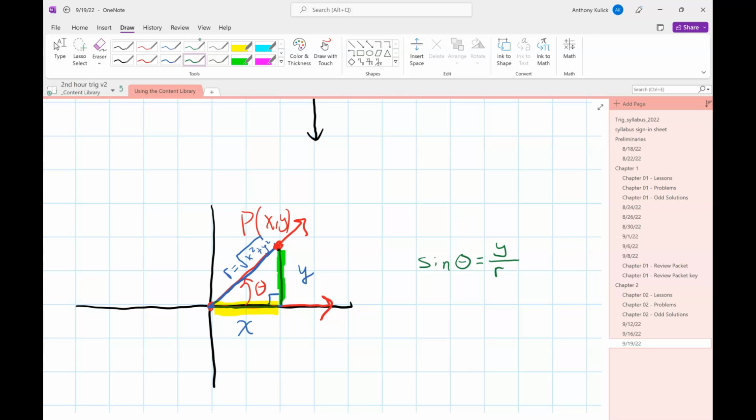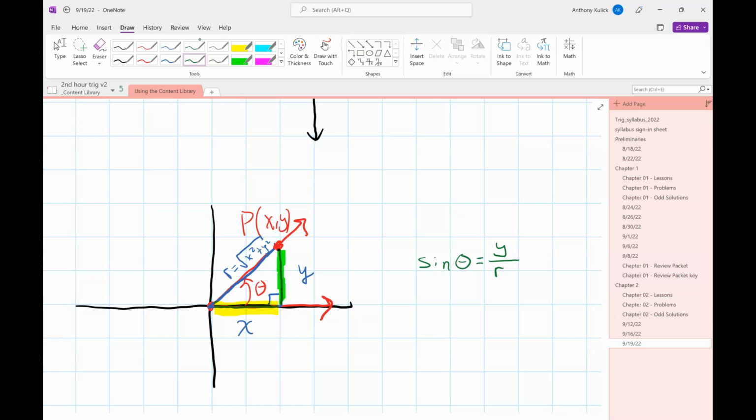Let's pause here and look at what we've really done, because this is actually really significant. We've now defined sine in terms of the coordinates of some point on the terminal side of a standard position angle.